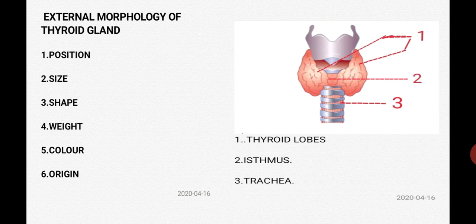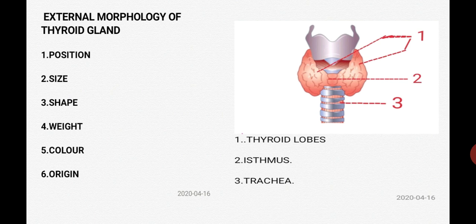Thyroid gland has two lobes, and both the lobes are connected with each other by one connective tissue septa, which is called the isthmus. That isthmus is made up of connective tissue. This is called the external morphology of a thyroid gland.